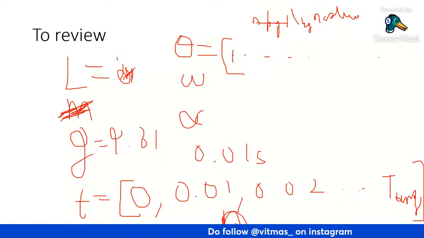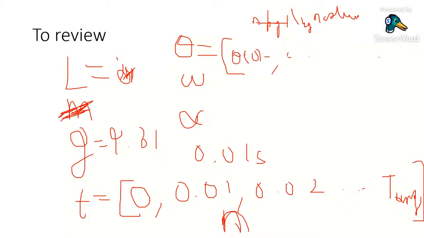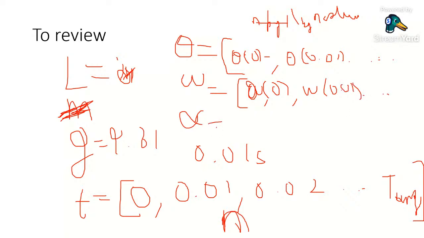It will store the value for theta of 0, theta of 0.01, and so on. Likewise, omega will also have values for 0, 0.01, and so on, and alpha will have alpha of 0, alpha of 0.01, up to n. Enough of this theoretical, boring aspect. So note the 7 variables down. Now we will start with the coding aspect.